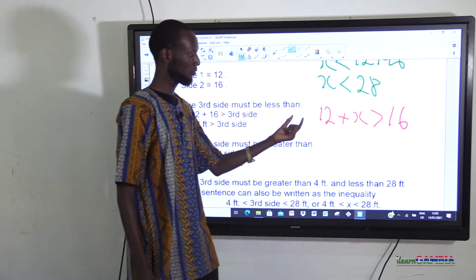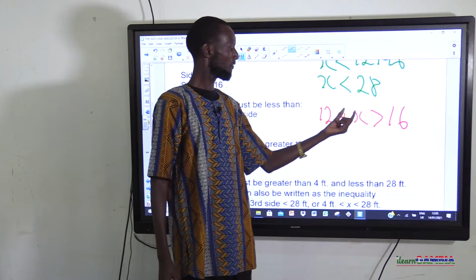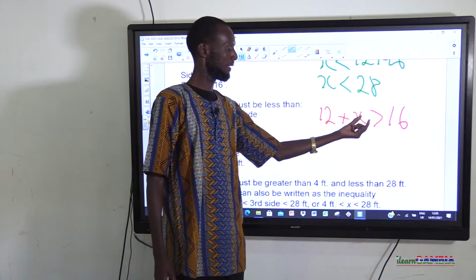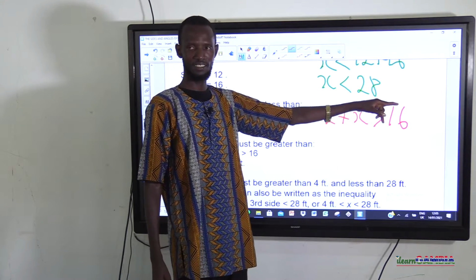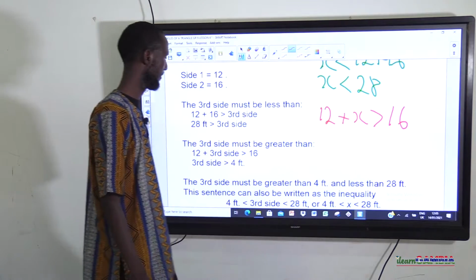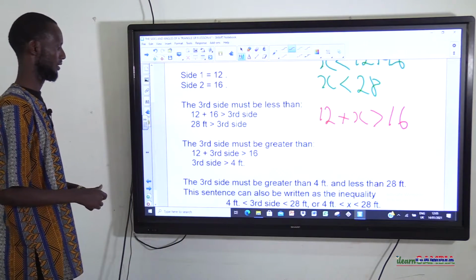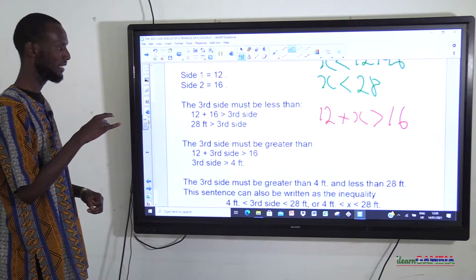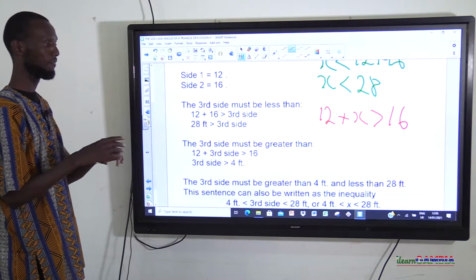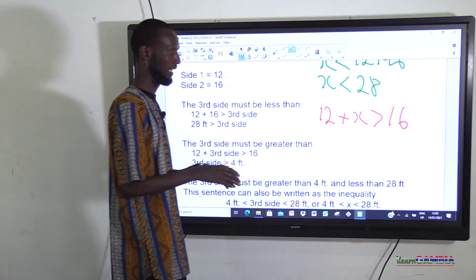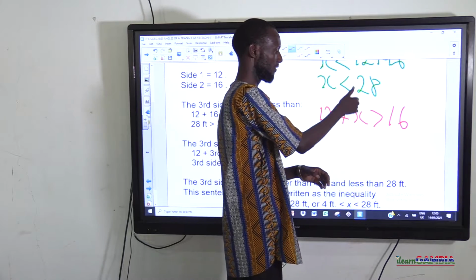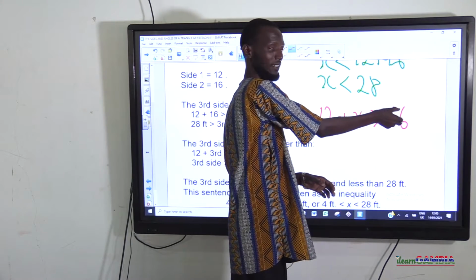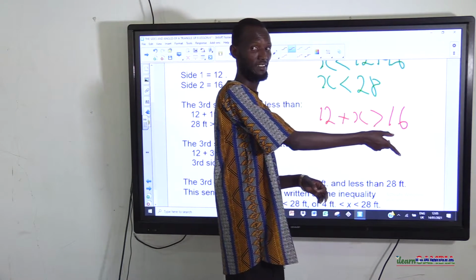So for 12 plus a particular number to be greater than 16, what does that tell you? The third side must be greater than 4. Because if you put any number less than 4 here, you don't get a sum which is greater than 16.